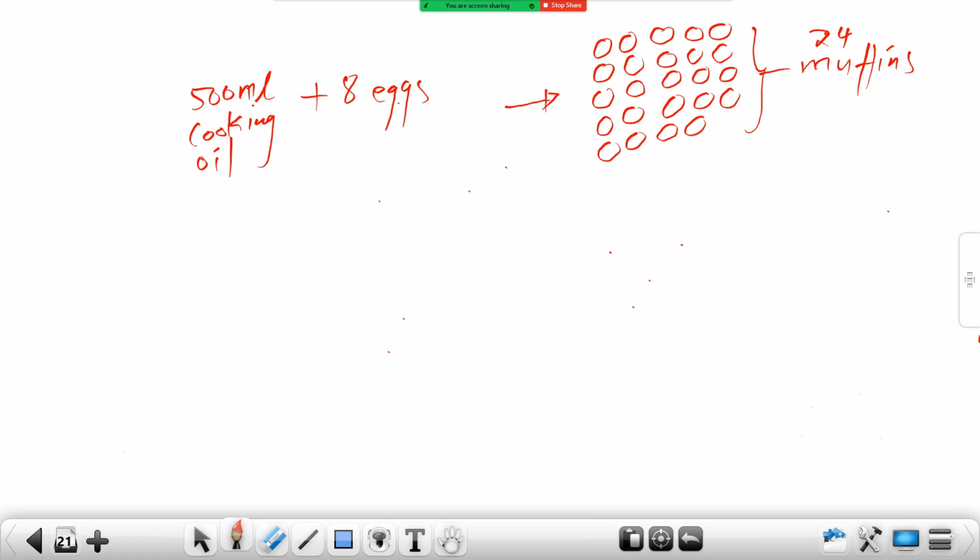Yes, it's cooking oil and eggs. How will that give me muffins? They won't. How will the 500 ml cooking oil and eggs exactly give me 24 muffins? There is no way. There is something that I need.